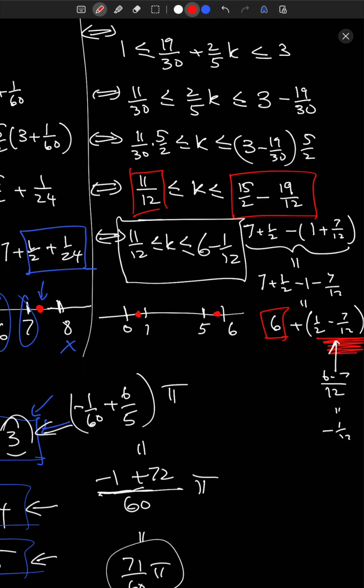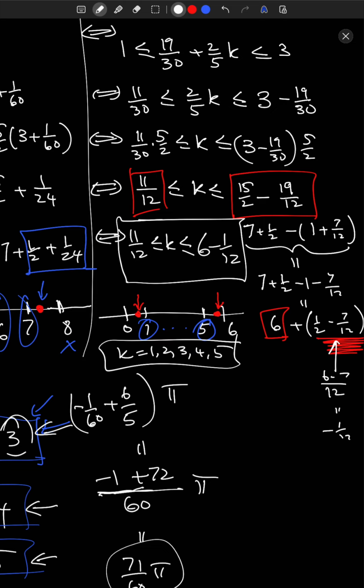Okay, we need k to be between this dot and that dot. And k has to be an integer, a whole number. What does that mean? It has to be 1, 2, 3, 4, and 5. Those are the only whole numbers between these two red dots. So k equals 1, 2, 3, 4, and 5.